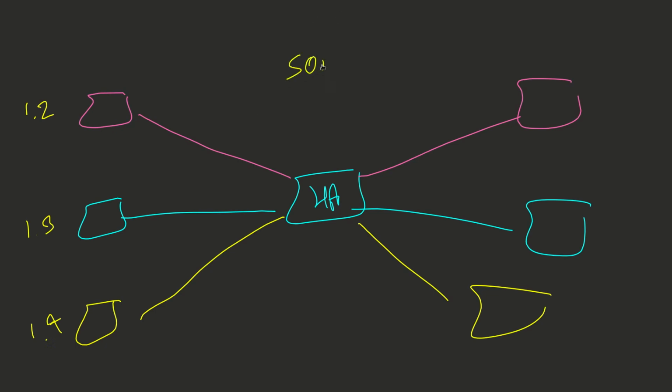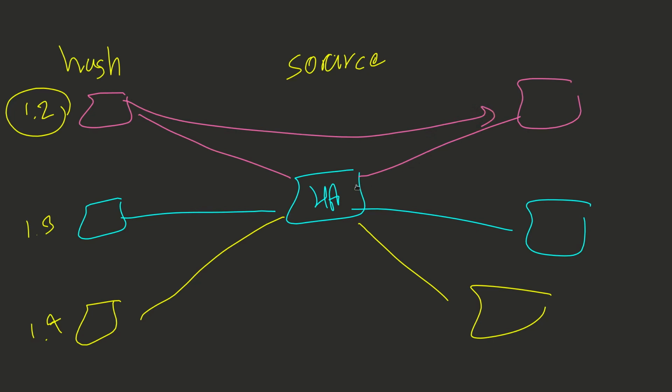The source load balancing algorithm creates a hash based on the client IP address and makes sure this hash is always connected to the same server.